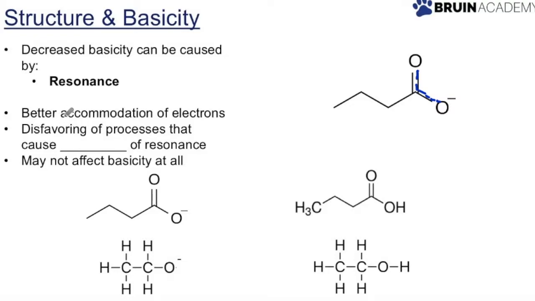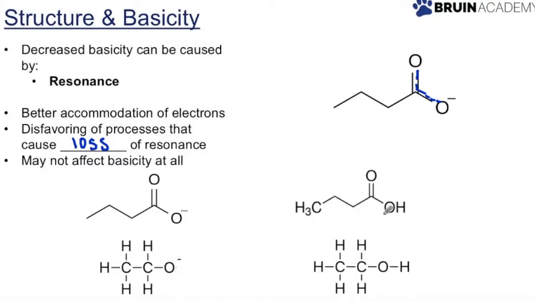Another reason that resonance can reduce basicity has to do with disfavoring processes that can cause loss of resonance. So, for example, you have these molecules over here at the bottom. If you were to protonate this and form this carboxylic acid here, you have this loss of resonance.